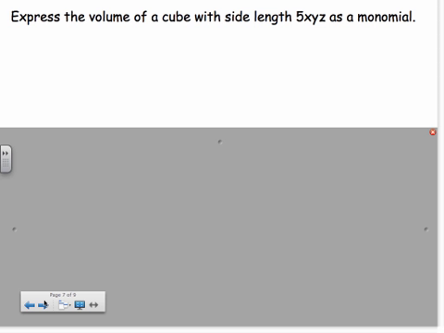So let's use some of these properties to be able to do some different situations. It asks me, express the volume of a cube with side length 5xyz as a monomial. Okay. Some people might be able to come up with this right away if you know the formula for a volume of a cube. Some people might need to visualize this. So let's go ahead and draw a picture of a cube here.